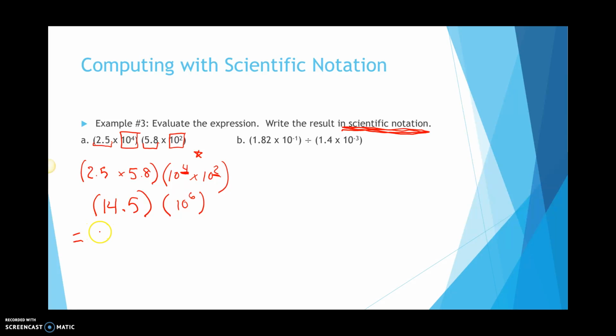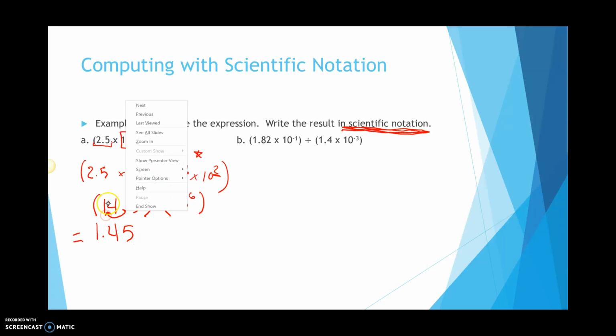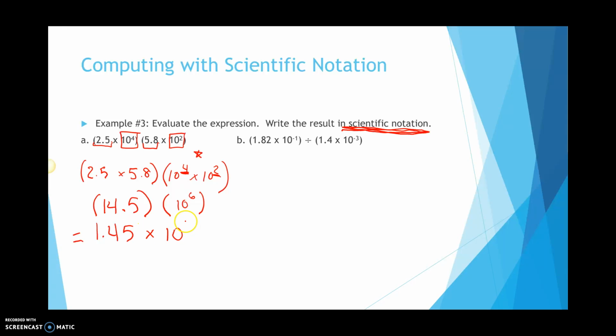So what we have here is going to equal 1.45. Since we moved this decimal 1 to the left, with this 10 to the 6th, we need to add 1 to that exponent because of the way we placed that decimal. So my final answer is going to be 1.45 times 10 to the 7th power, and that's my answer.